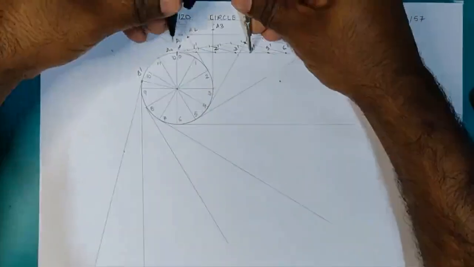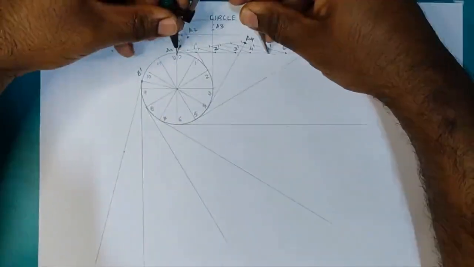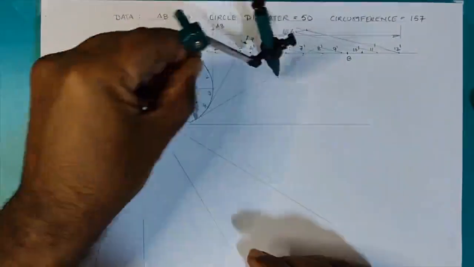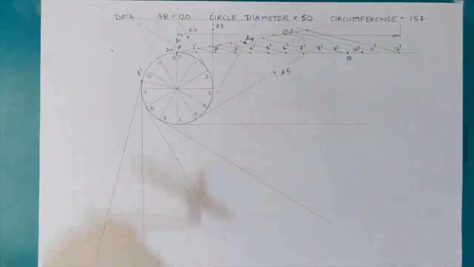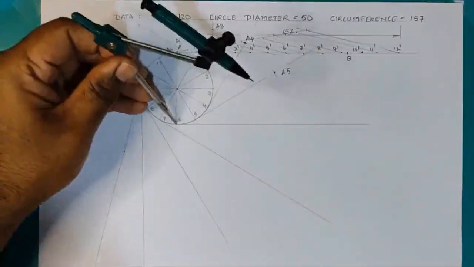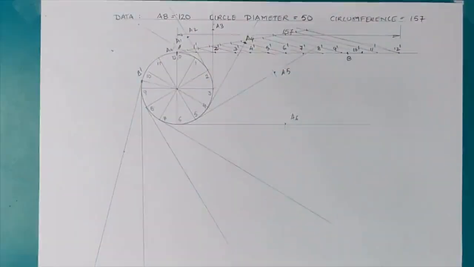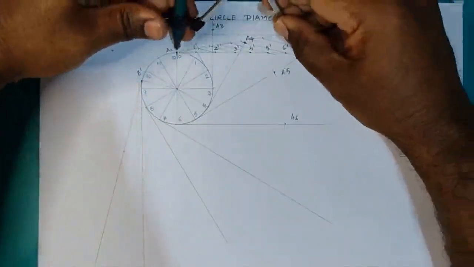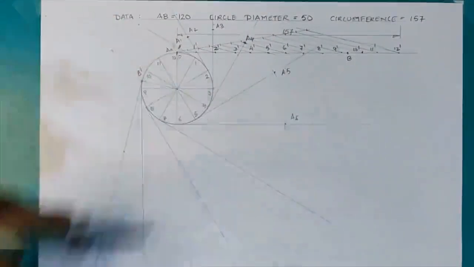Similarly, I would draw arcs on the respective tangents, taking distances from the horizontal circumference that I have laid out. So I am tracking the distance of point A at the respective points. So now I am taking 7 to A, keeping it on 7 and marking on the tangent through 7.